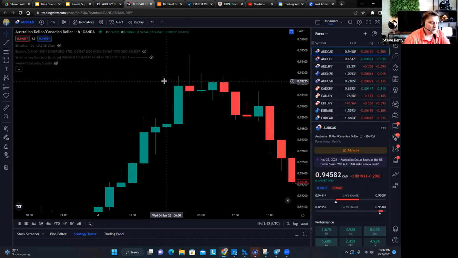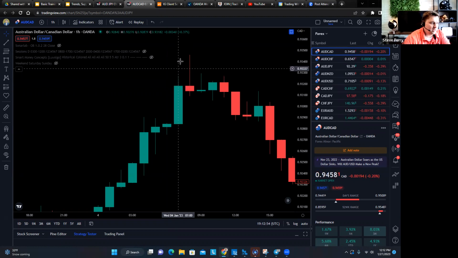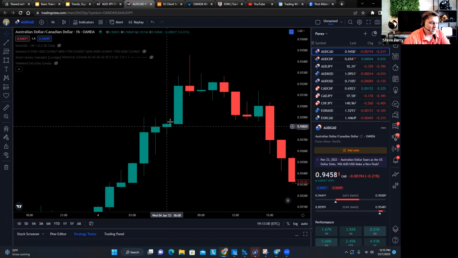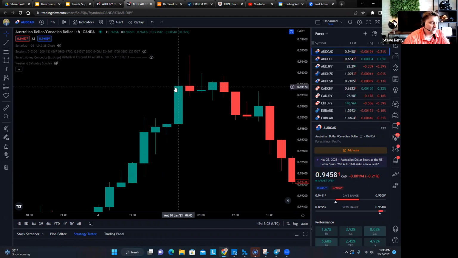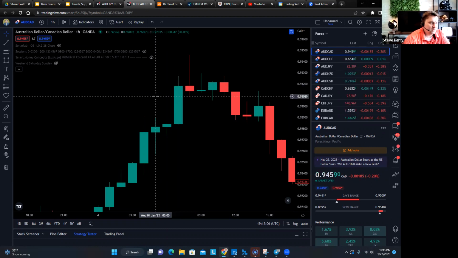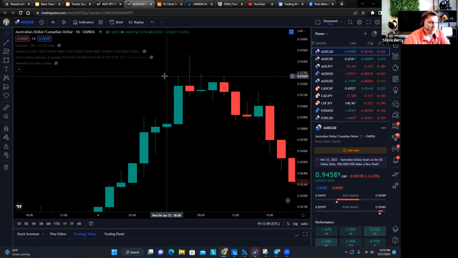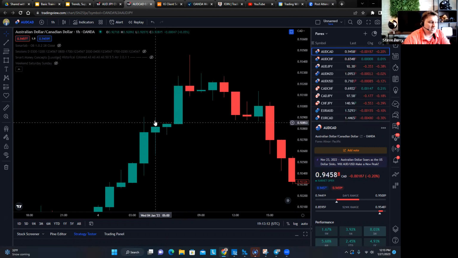I wanted to make sure that you guys could at least read what a candle is before we move forward. Again, the body of the candle on every single one, whether it's bullish or bearish, is the open and the close. The wicks are the highs and or the lows that the market was able to get to in the hour, but did not stay there.